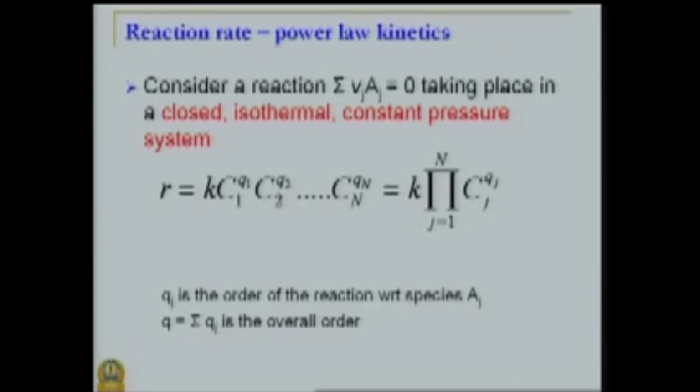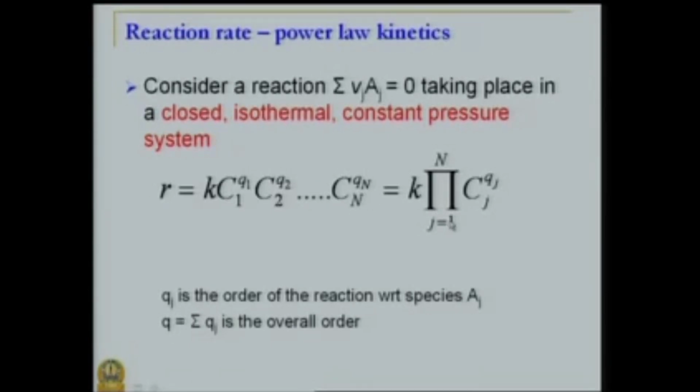Now, what is power law kinetics? Power law kinetics is, simply put, rate is proportional to concentration of species 1 to the power q1, concentration of species 2 to the power q2. So, product of all such C1 raised to q1, C2 raised to q2, up to Cn raised to qn.